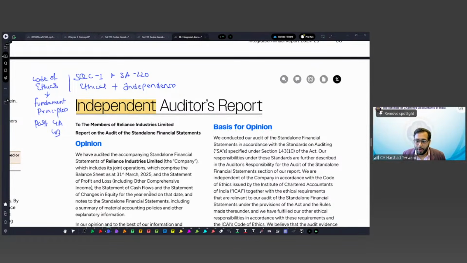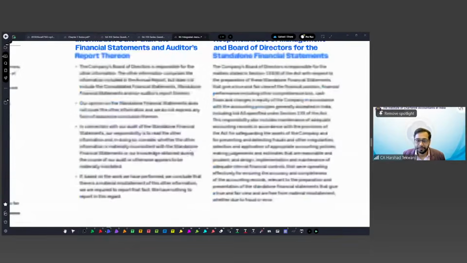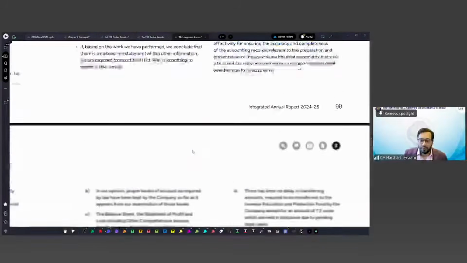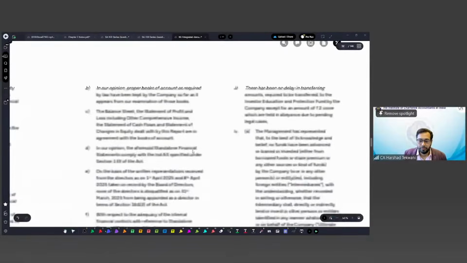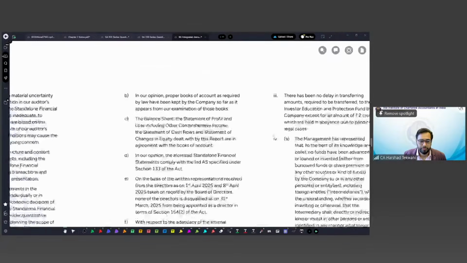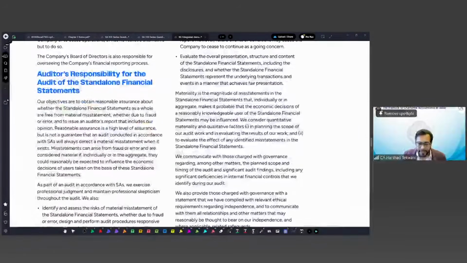Now, coming to the point where I was going to take you, one of the paragraphs. Yeah, this one. Now, this paragraph is basically the auditor's responsibility for the audit of a financial statement.